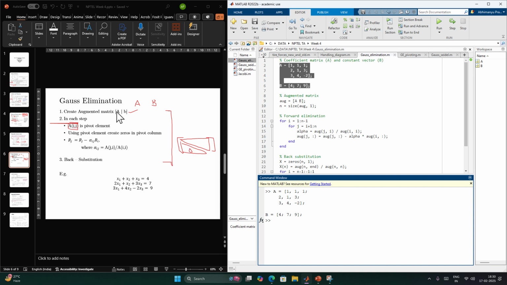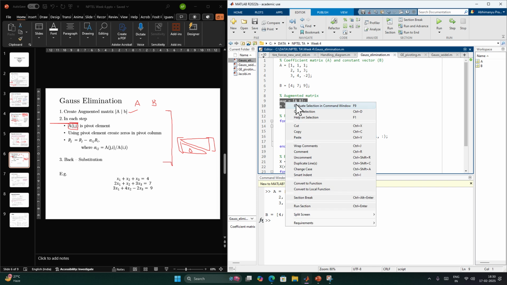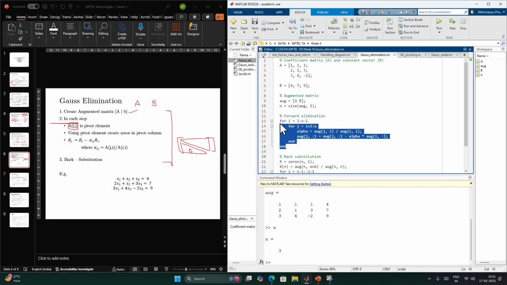First we will create an augmented matrix AB, and then we'll calculate the size of the augmented matrix. This will give us the number of rows present in the augmented matrix. If I run these two commands, this is my augmented matrix, and n is equal to 3, so I have 3 rows.